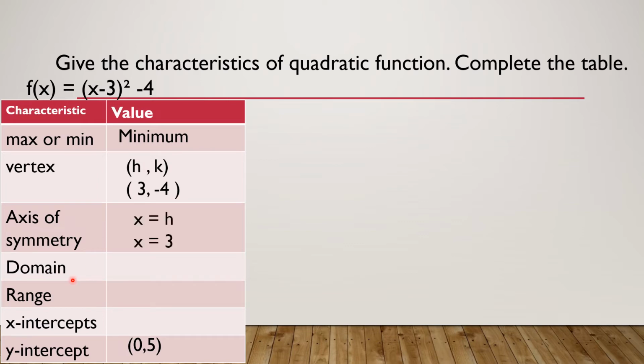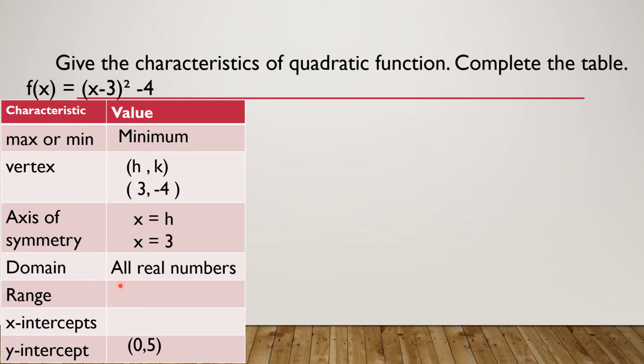Now, the axis of symmetry, we know that x is equal to h. Therefore, x is equal to 3. Diyan dumaan yung vertical line na nagdi-divide sa graph natin into 2 na magkapareho. The domain is easy.